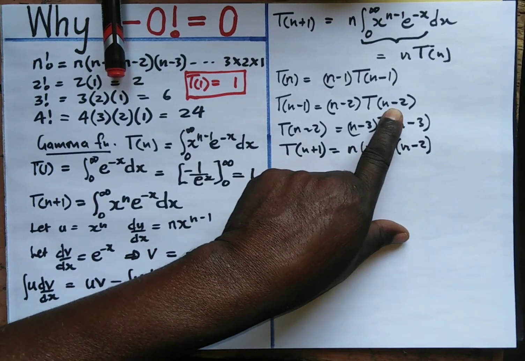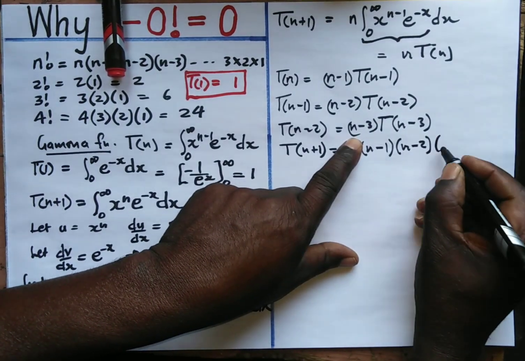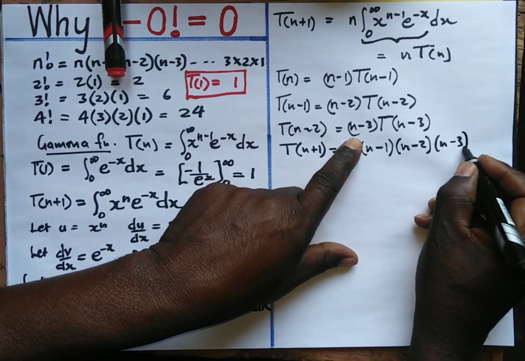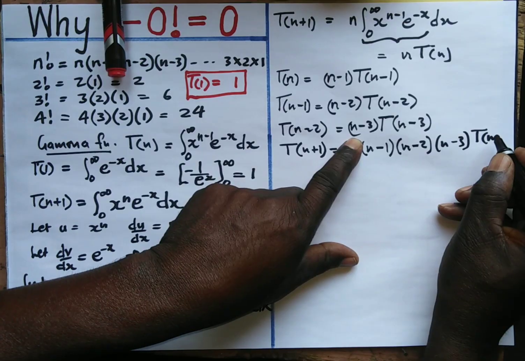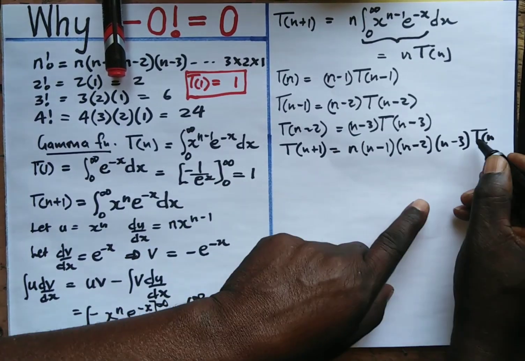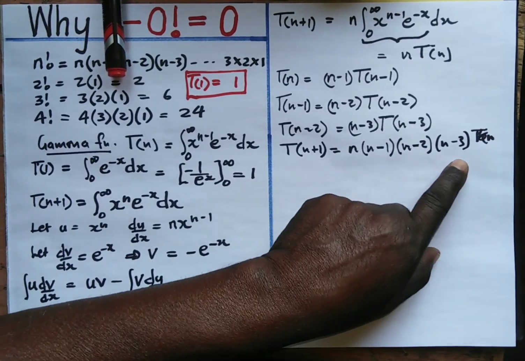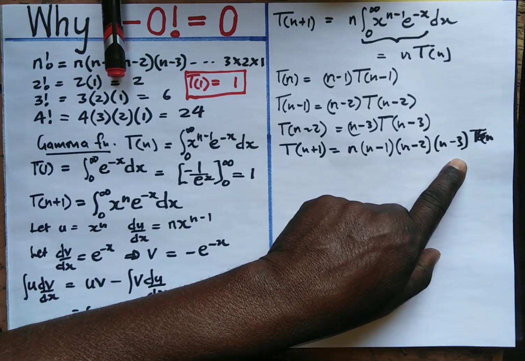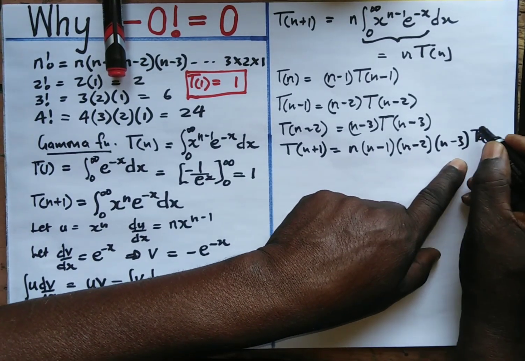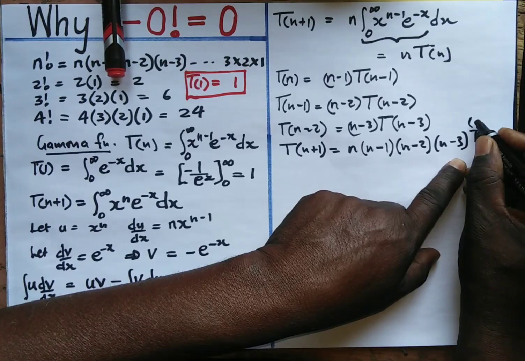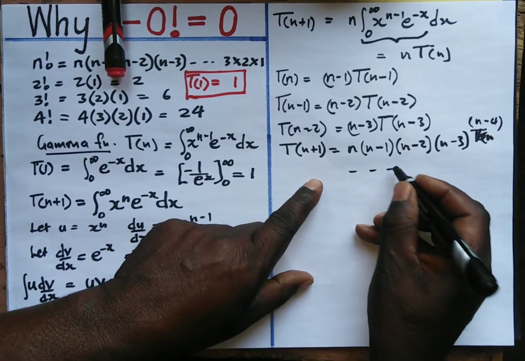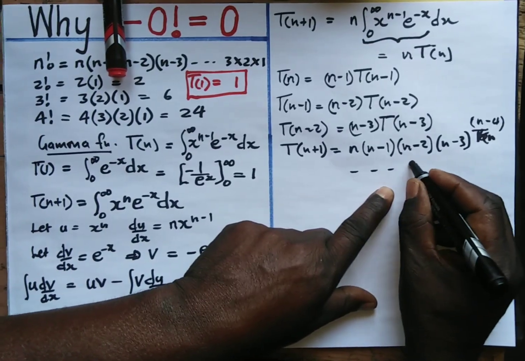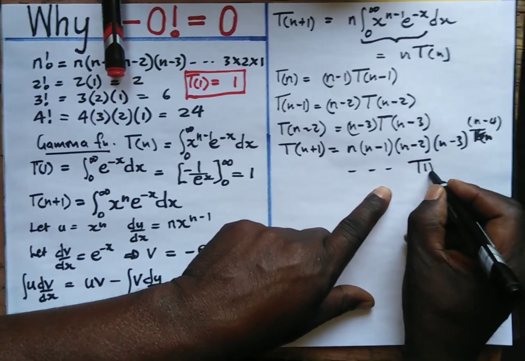But gamma of n minus 2 is equal to n minus 3 multiplied by gamma of n minus 3. Again, gamma of n minus 3 will give us, multiplied by gamma of n minus 4. And it goes all the way until we get to gamma of 1.